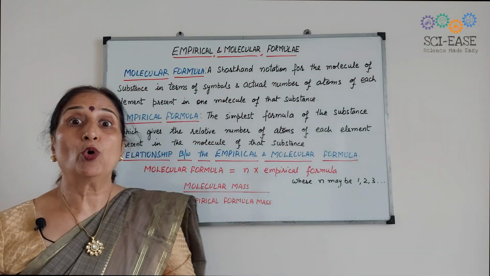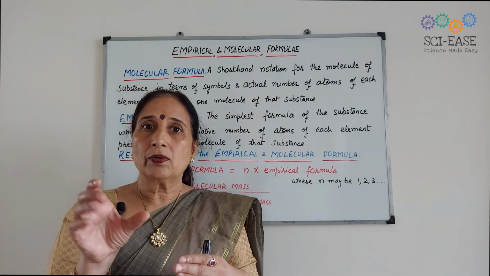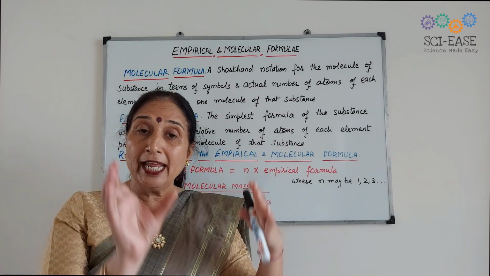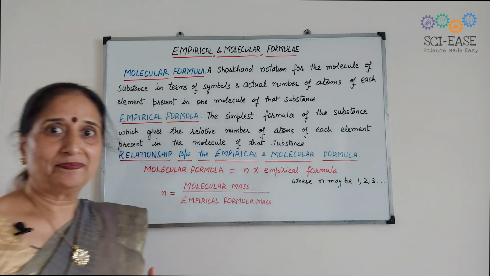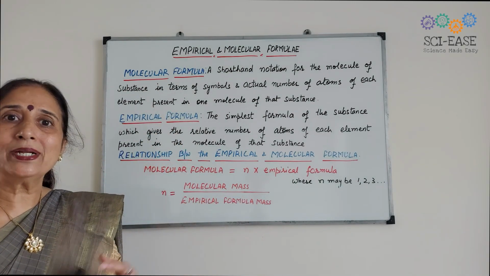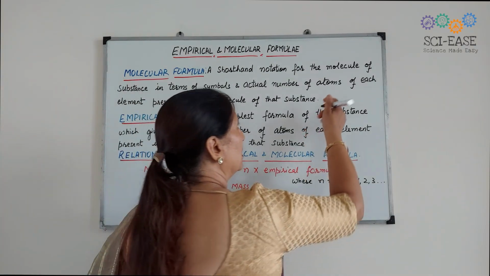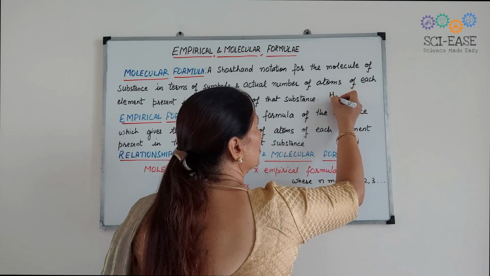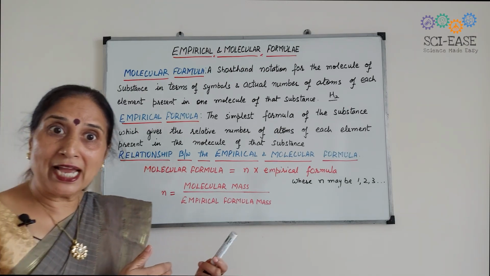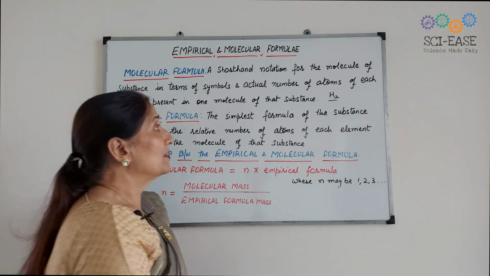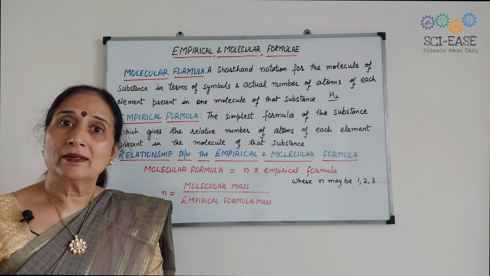Now, what do you mean by this molecular formula? We just write the name of the compound in terms of symbols or formulae. If the compound is a diatomic molecule, like hydrogen, then we will write it like H2. So it will save time and it will also tell us that there are two atoms of hydrogen in this molecule.